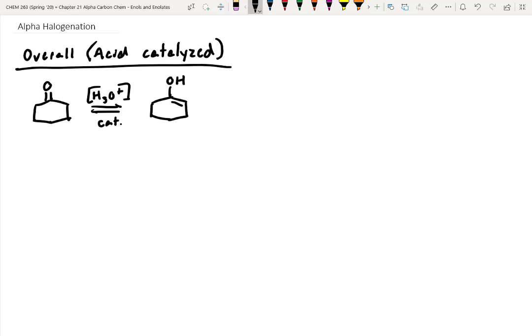And then in the next step, if you have elemental bromine around, you can get the alpha position right here to react. So you should be able to get a bromine to install directly on that alpha position and then go back to your keto form.